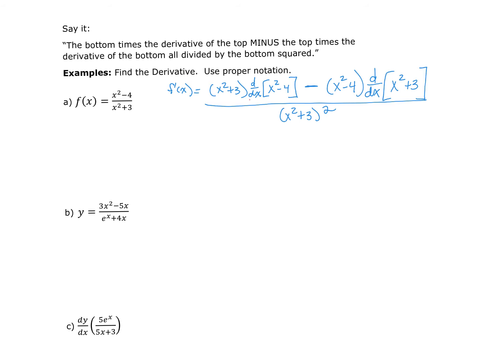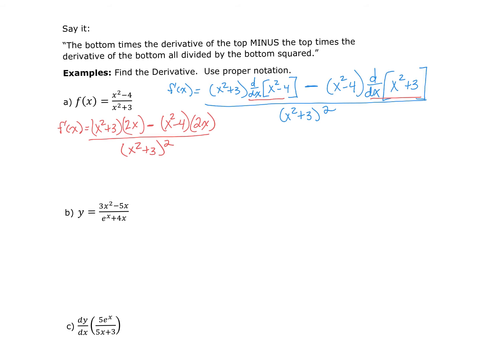So if I now go in and I actually find these derivatives, we will have that f prime of x is x squared plus 3 times 2x minus x squared minus 4, also times 2x, divided by x squared plus 3 quantity squared.